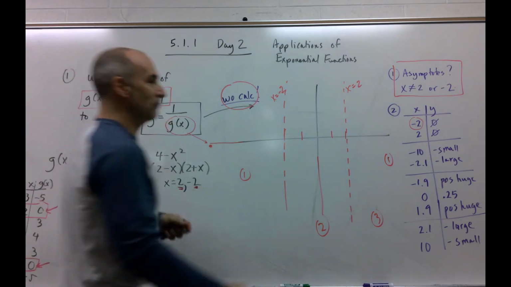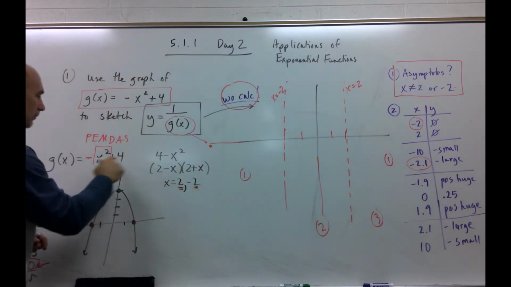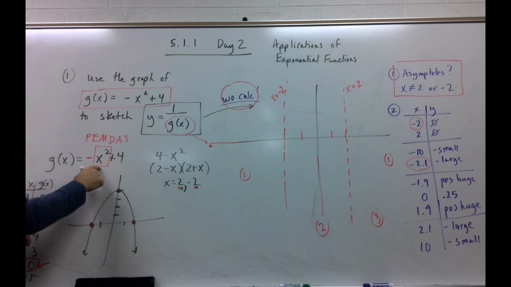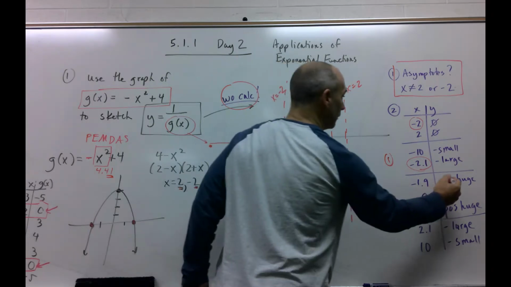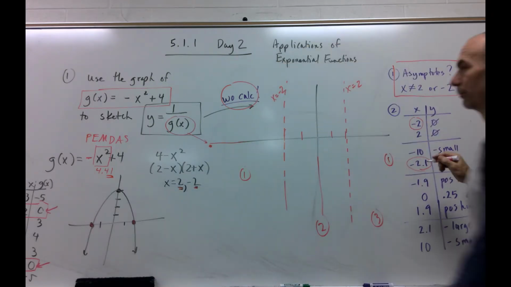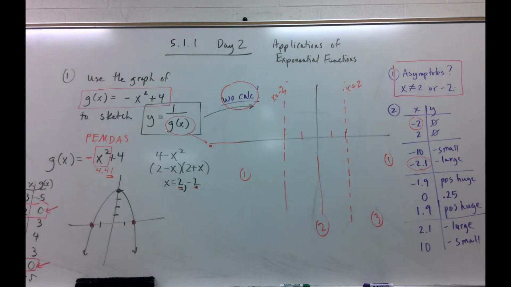Then if I plug in negative 2.1 here, negative 2.1 squared is 4.41, but negative 4.41 plus 4 is just 0.41. So it's negative, pause. Malfunctioning brain.